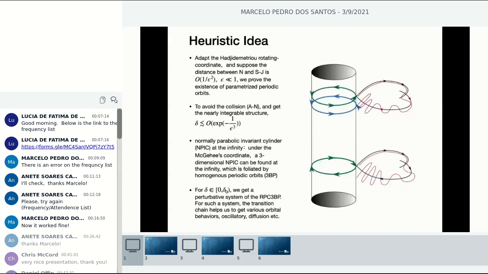This manifold is homogeneous in the sense that it consists of periodic orbits which are all the same, with the same velocity and period.